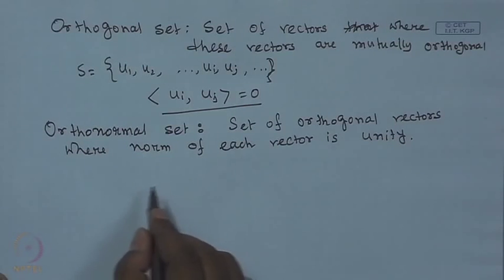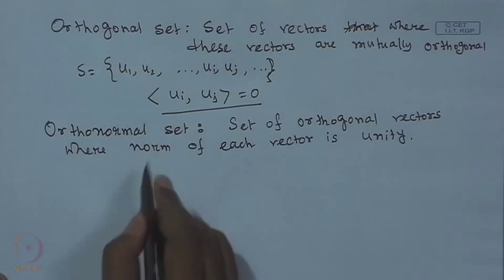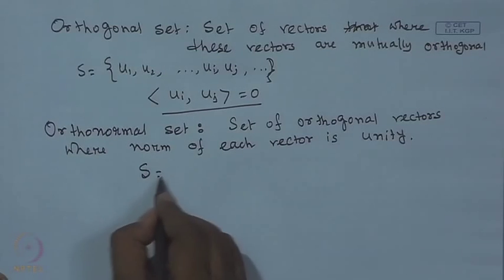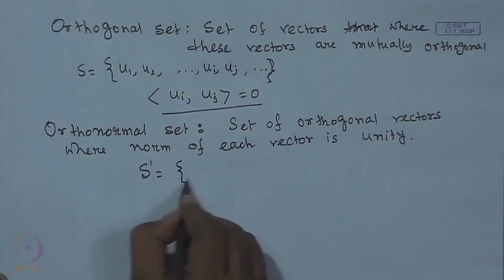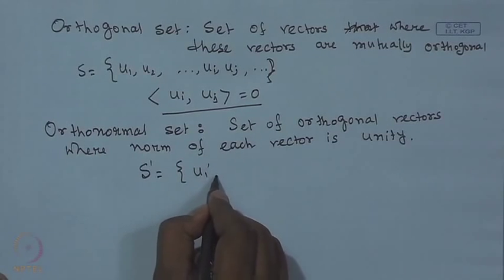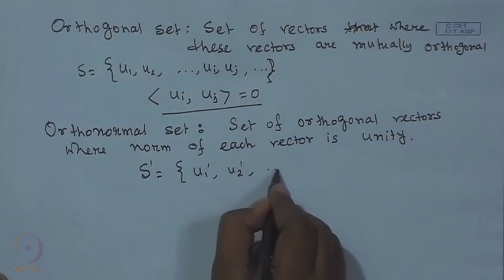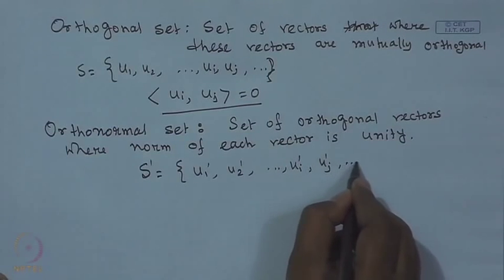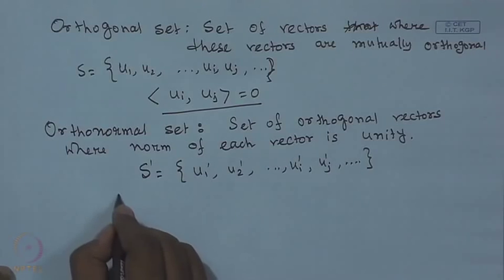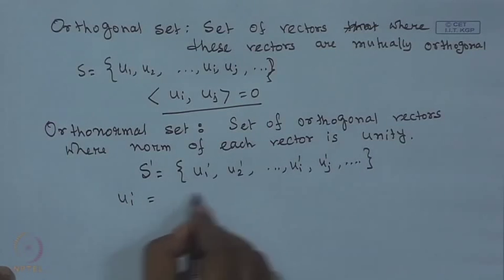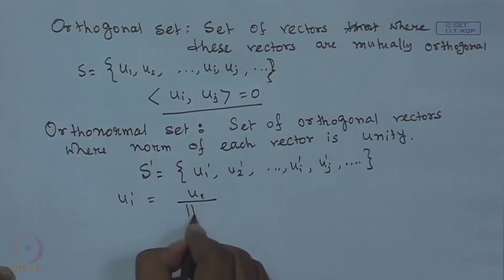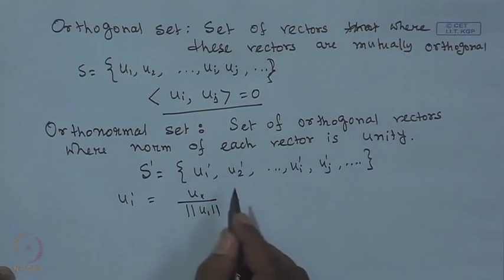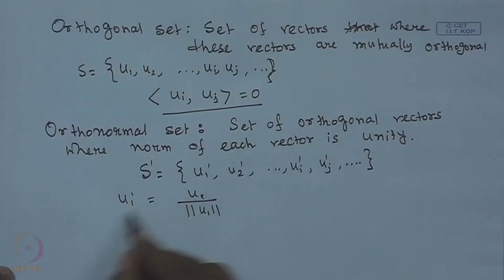That means we are talking about a different set S prime, which is nothing but u1 prime, u2 prime, ui prime, uj prime, like that. So, u1 prime is nothing but u1 divided by norm of u1. So, we make sure that the norm of this vector will be unity.